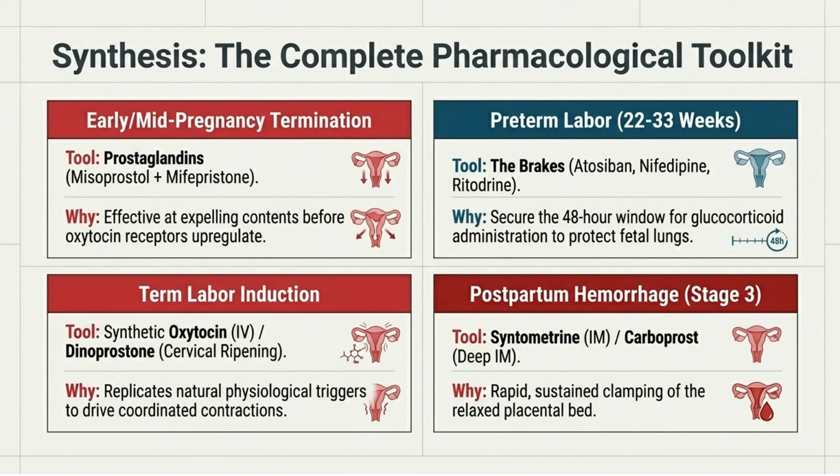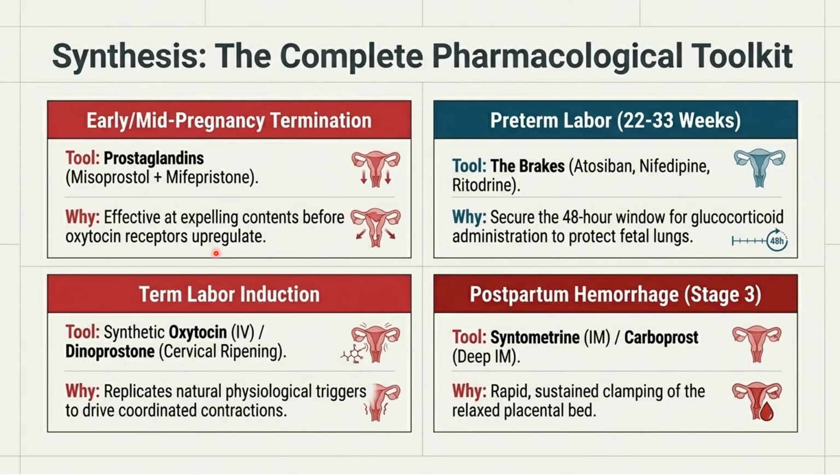So, as a summary for the lecture topic, the agents that can be used in early or mid-pregnancy to terminate pregnancy are the prostaglandins, especially misoprostol, and mifepristone. Why? Because they are able to cause dilatation of the cervix and contraction of the fundus of the uterus, expelling the contents before the oxytocin receptors are upregulated.